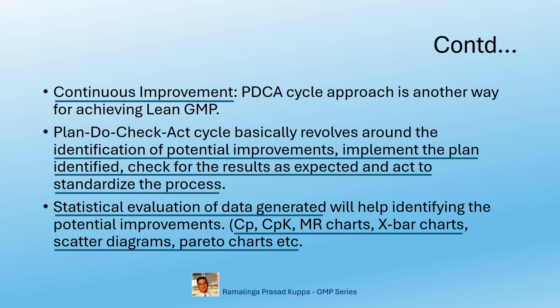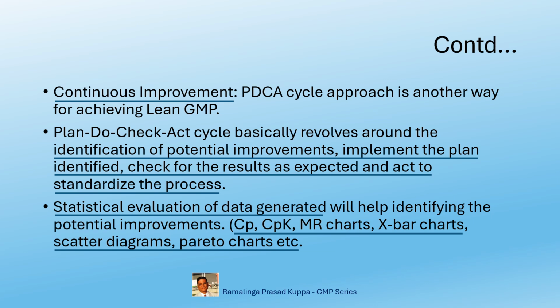CP value provides the information on the spread of the process data relative to the specification limits. CPK value provides also the location, whether it is centered or not, for the process average relative to the specification limits. This is the process capability index.